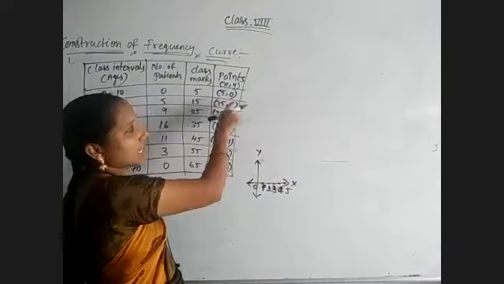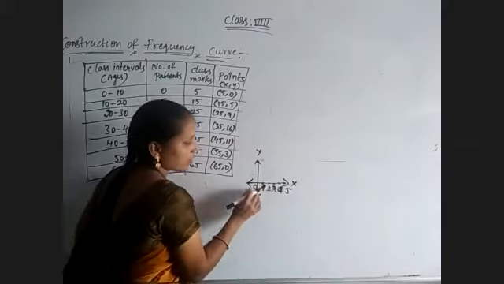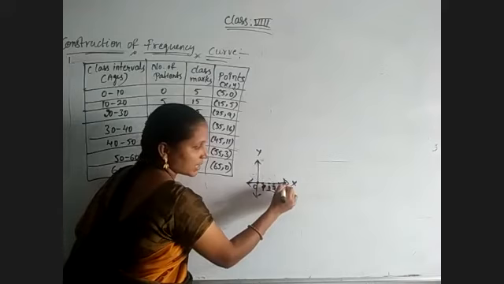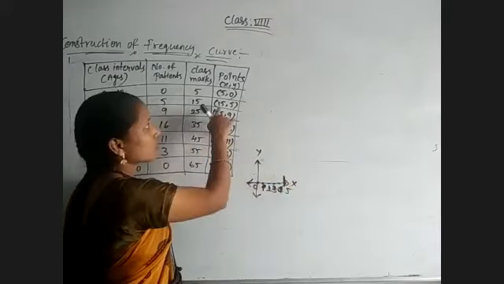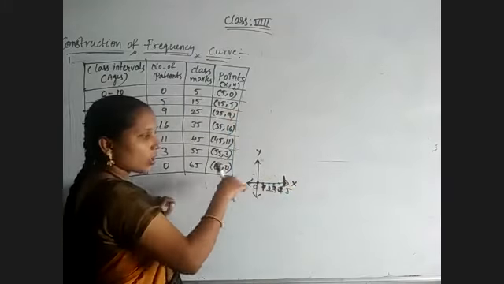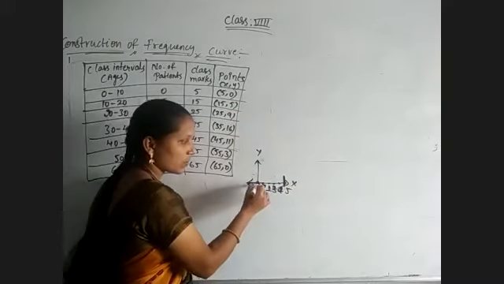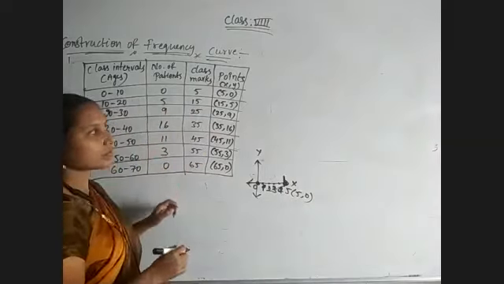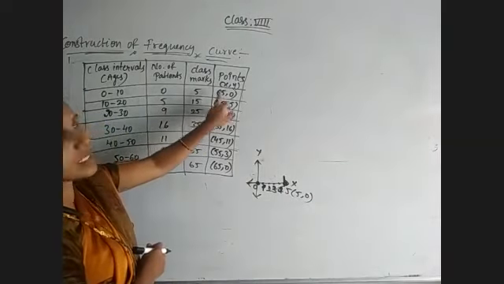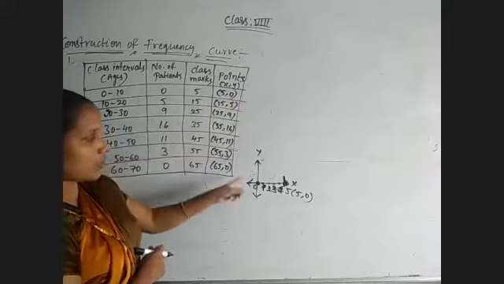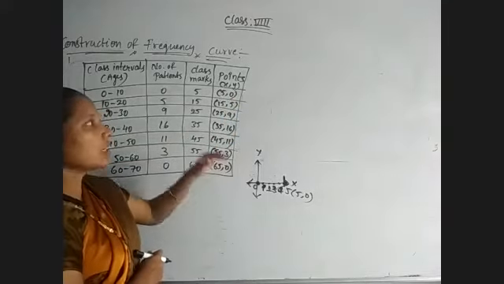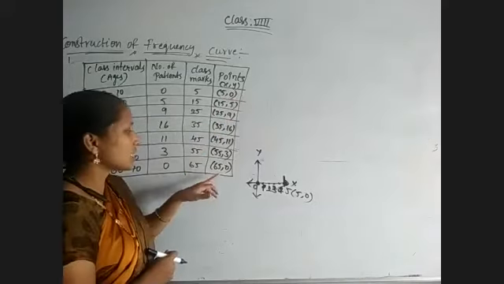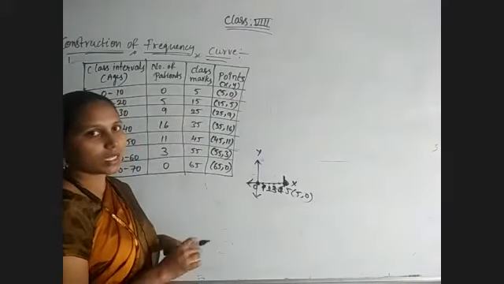So 5 comma 0 means 5 units from the y axis, and y coordinate is 0, so 0 units from x axis, that is, on the x axis itself. Always y coordinate is 0 on x axis, x coordinate is 0 on y axis. Remember this.